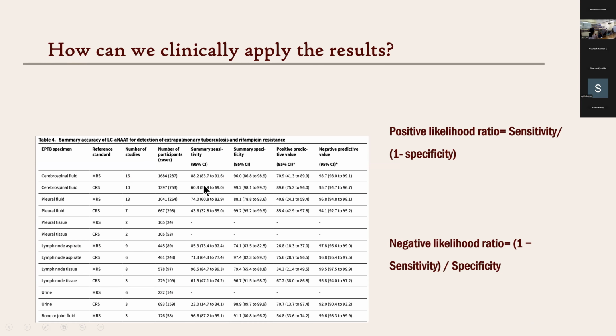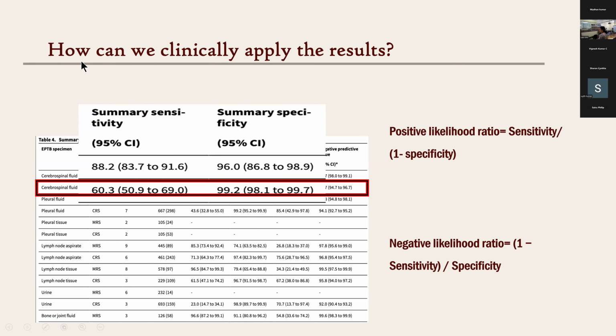So this is where we come back to what we discussed last time. What is the most clinically applicable thing? Sensitivity and specificity are there, but how can you apply them in a clinical setting? That's where likelihood ratios come in. I'm looking at the composite outcome, because that is what we practice. Sensitivity is 60.3, specificity is 99.2. Can we calculate the positive likelihood ratio?